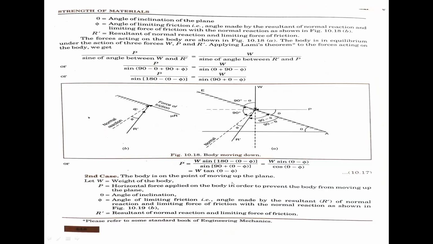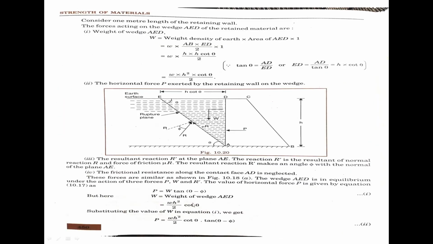Using Lami's theorem, P equals W tan (theta minus phi). W is the weight of wedge AED, equal to W h square by 2 into cot theta. Substituting the value of W in equation 1, P equals W h square by 2 cot theta into tan (theta minus phi). That is equation 2.